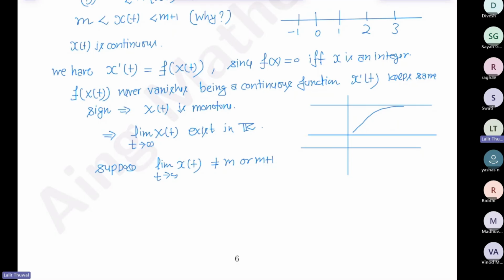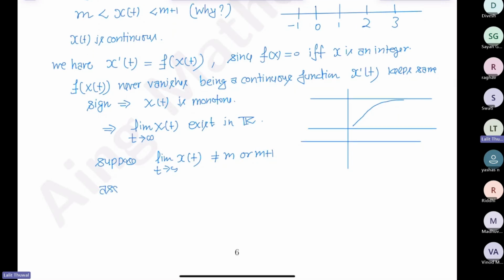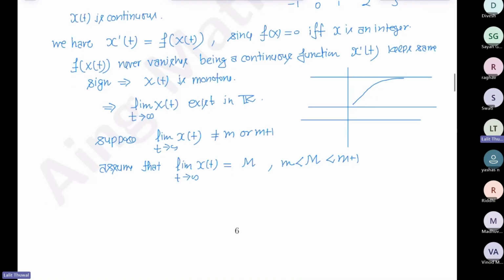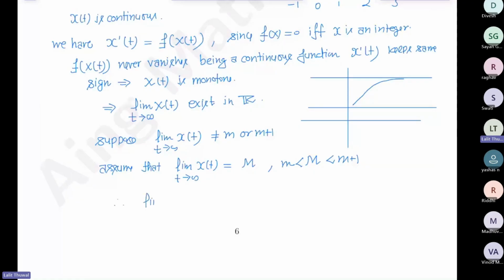So if not, but the limit exists, assume that the limit of x(t) is some value strictly between m and m plus 1, from the above information you have. Now the limit of the derivative as t tends to infinity, what does that come out to be? That is f of the limit, right?